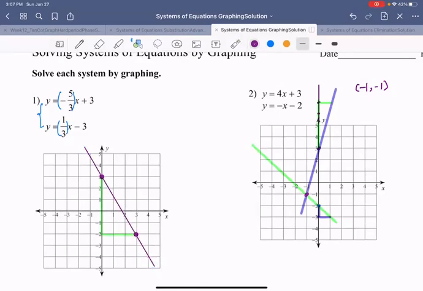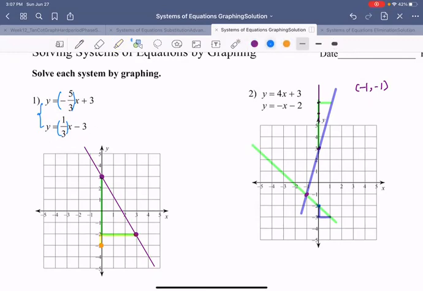Okay. Let's go ahead, draw this one. (0, -3). Okay. And then we rise by 1 and we run by 3.